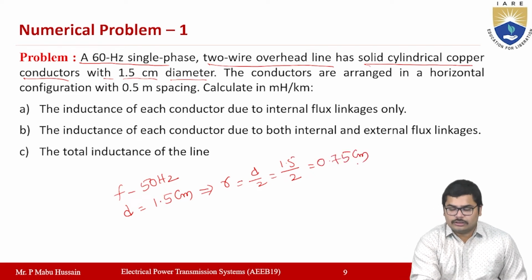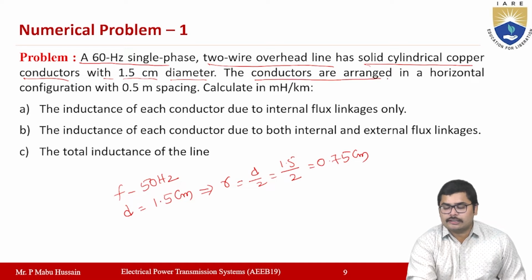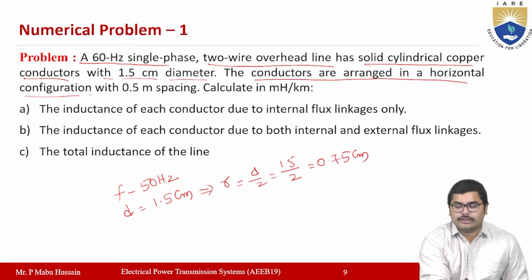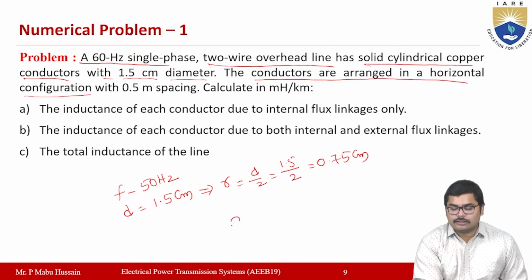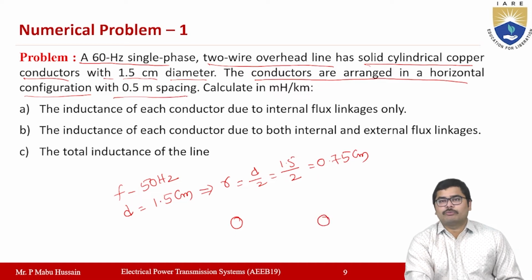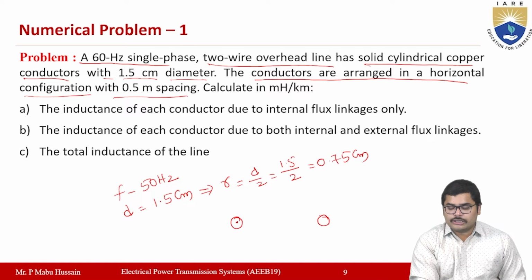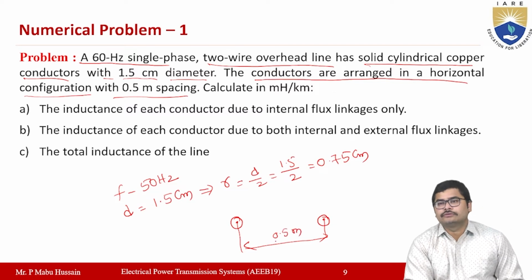They also gave that the conductors are arranged in a horizontal configuration. The two conductors are arranged in a horizontal configuration, and the spacing between the conductors is given as 0.5 meters. That means from center to center the spacing is 0.5 meters, not centimeters, 0.5 meters.